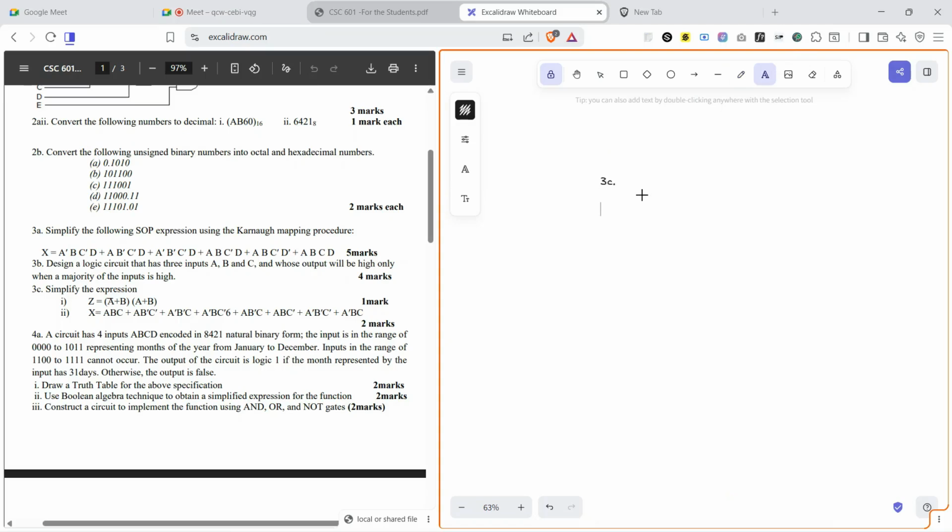For 3C, we are told to simplify an expression. But before we simplify, I explained how to make it easier for you to write out the formulas, because you need to know the exact Boolean expression to use, especially when you are simplifying.